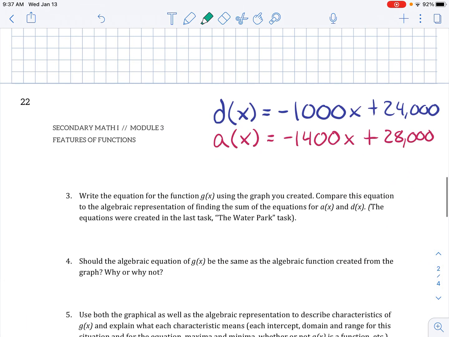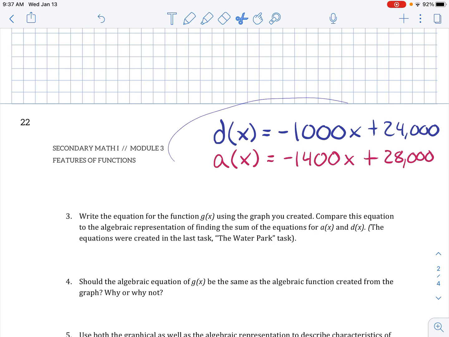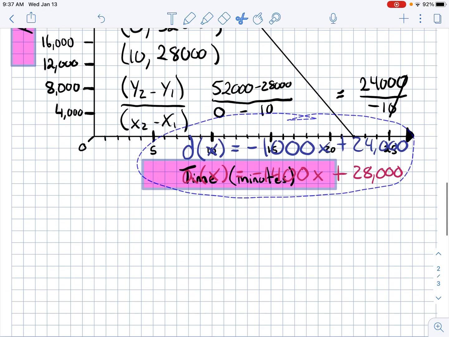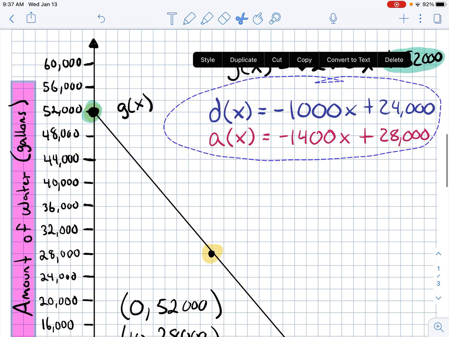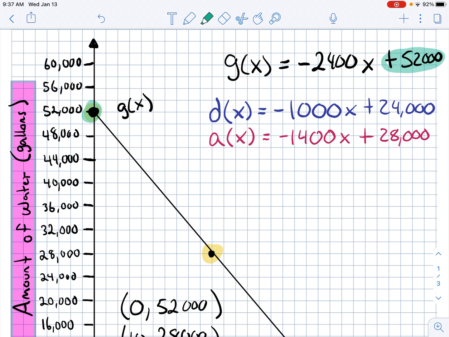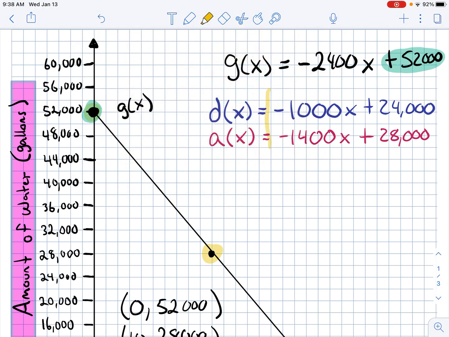Then it says, compare this equation to the algebraic representation of finding the sum of the equations for a of x and d of x. Okay, so this is something that we found in the 3.4 task. So I'm actually going to bring it up here. If we're adding, we're basically going to say a of x plus d of x.